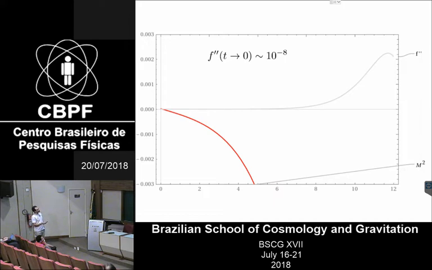So my point here is to show that the second derivative is really small in the beginning of the first branch, which means that f of r is actually a really linear function of r, but that's not GR because the coefficient is 10 to minus 6. So if you replace the G_N here, then we see that the effective Newton's constant is really, really large over here.